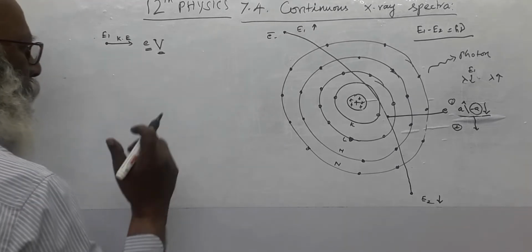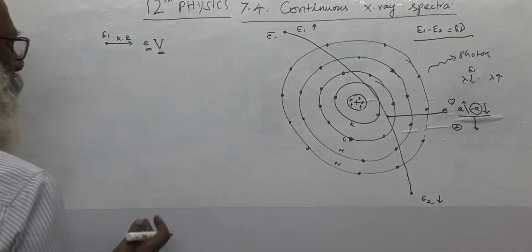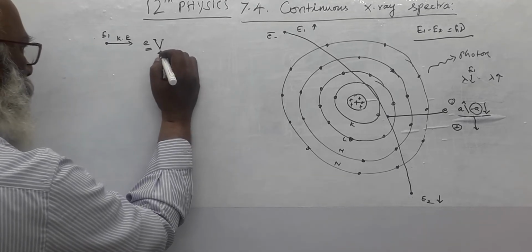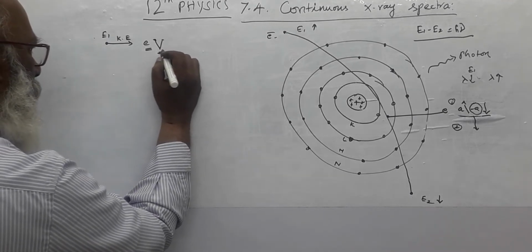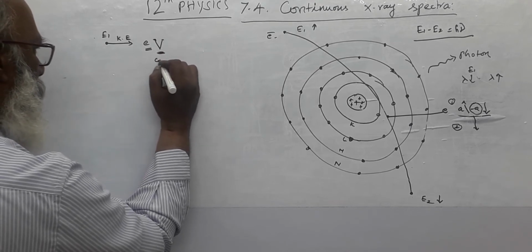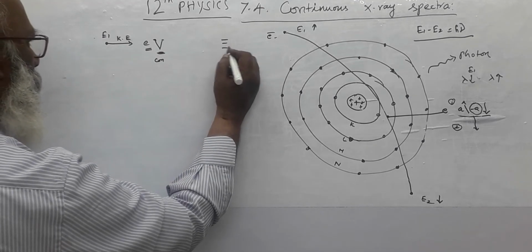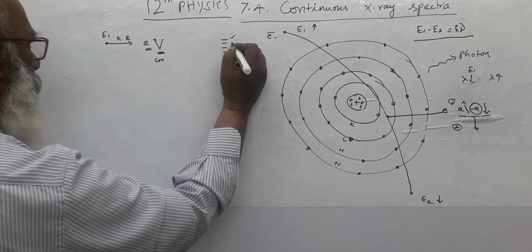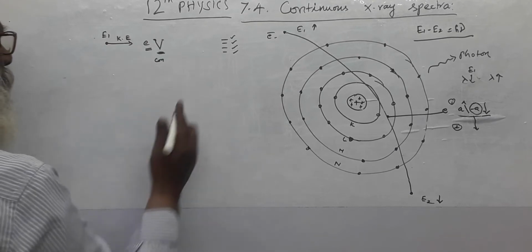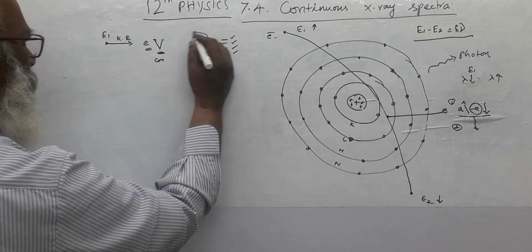Now I want to give one famous, very important explanation. When we are not changing the accelerating voltage, which is kept constant, and you are changing the target, tungsten, molybdenum, or whatever metal it may be, then the minimum cutoff wavelength will not be altered.